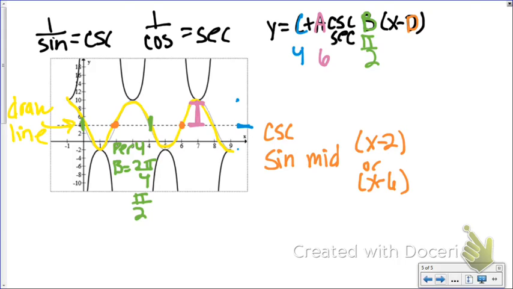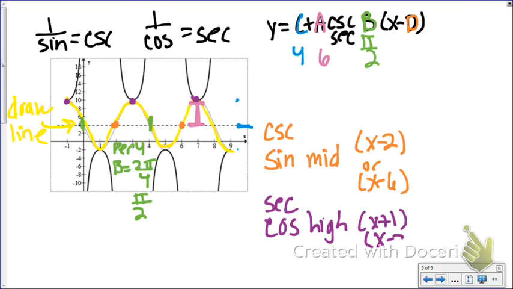The other option, let's say I want to write this as a secant graph. If I write this as a secant graph, I'm looking for a high point because secant is like cosine, and cosine's parent function goes to the top. So my high points are -1 and 3 and 7, so I could write that as x plus 1, or x minus 3, or even x minus 7.